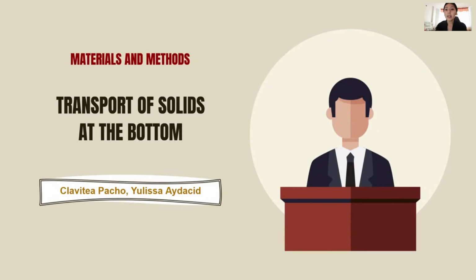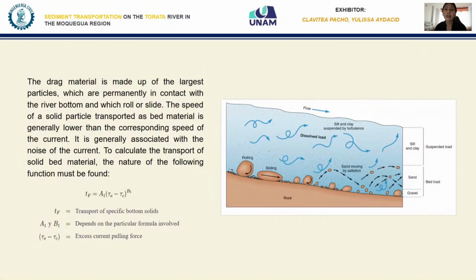Transport of solids at the bottom. The bed load material is made up of the largest particles, which remain in contact with the river bottom and which roll or slide.